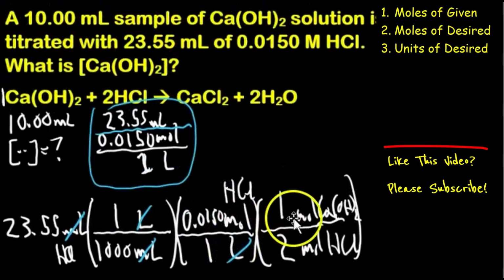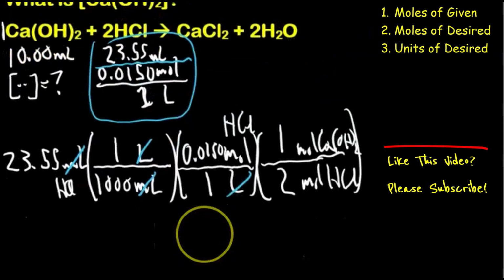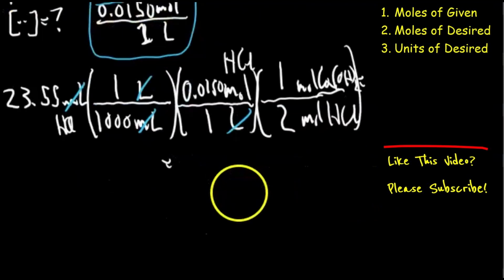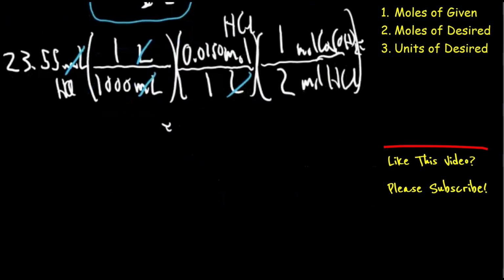Okay, now step 3 would be to get to units. But units here, concentration, it actually has 2 units. It's a molarity. So we're going to just solve this first and then deal with the units after that.